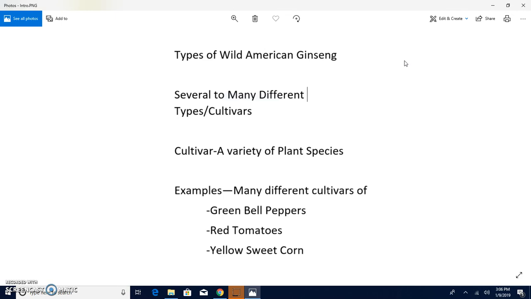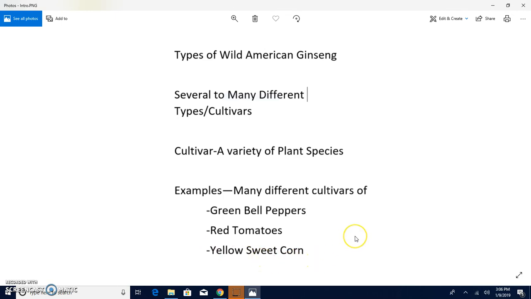One cultivar of pepper may be a little bit larger than the other, and red tomatoes are the same way. Some are small and some are a little larger, but a lot of times you really can't tell the difference. You can also take yellow sweet corn. There are several different types of yellow sweet corn.